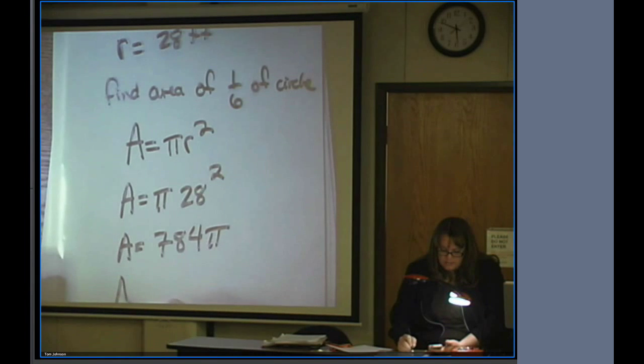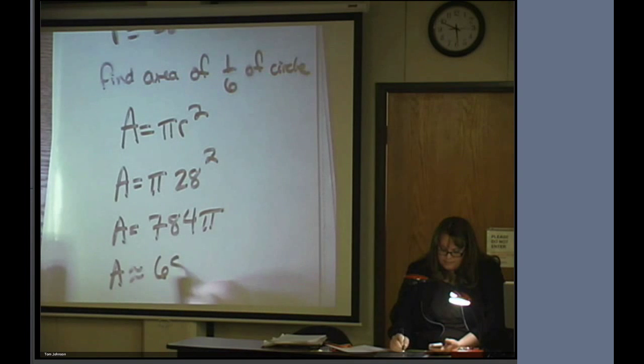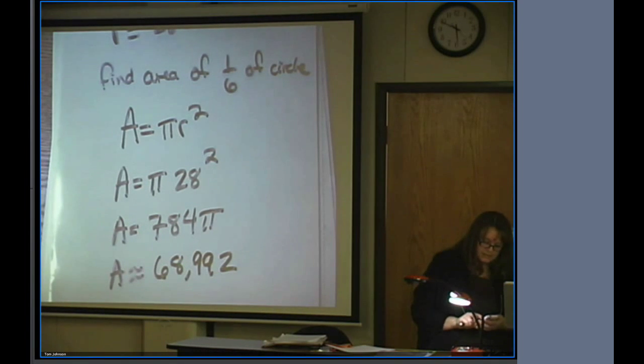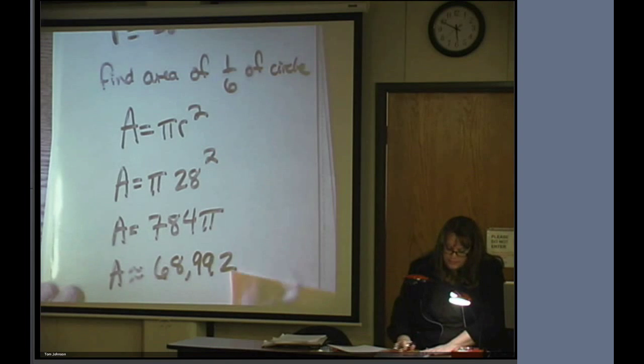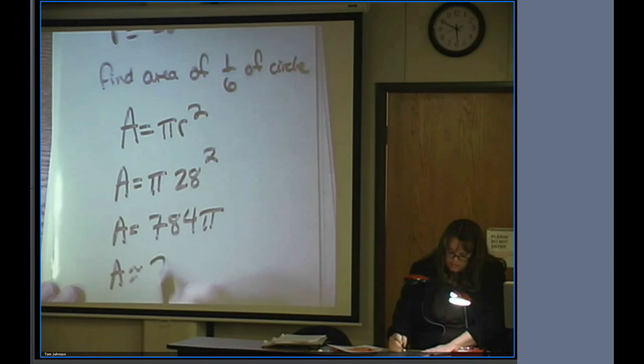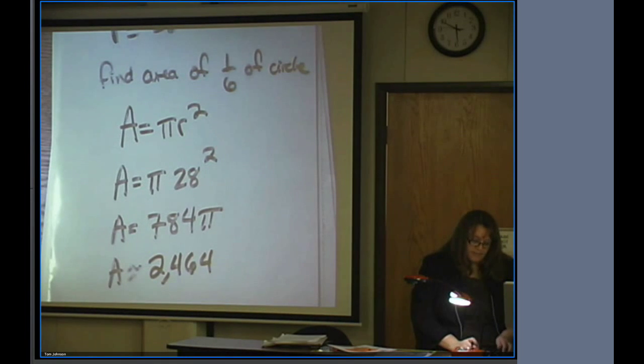And we get area is approximately, and the reason why I'm doing approximately here is because, sorry, hold on a second. That's a wrong number, I apologize. I got excited when I was hitting my buttons on the calculator. That looks a lot better.